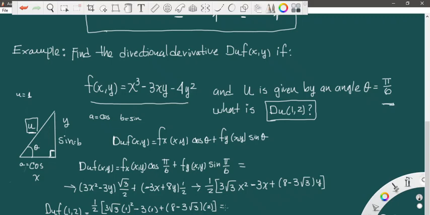And that is equal to 13 minus 3 times the square root of 3, divided by 2. This is the result of the directional derivative evaluated at 1, 2.